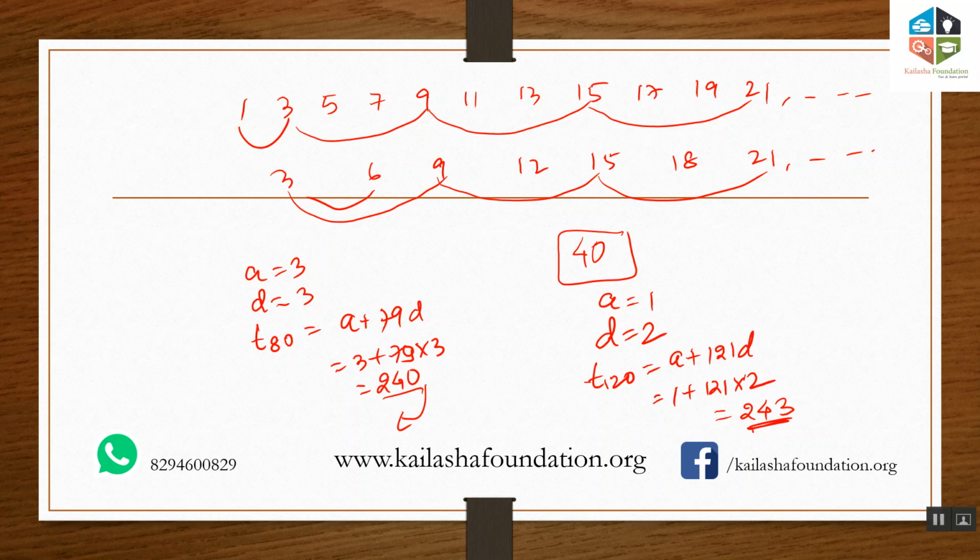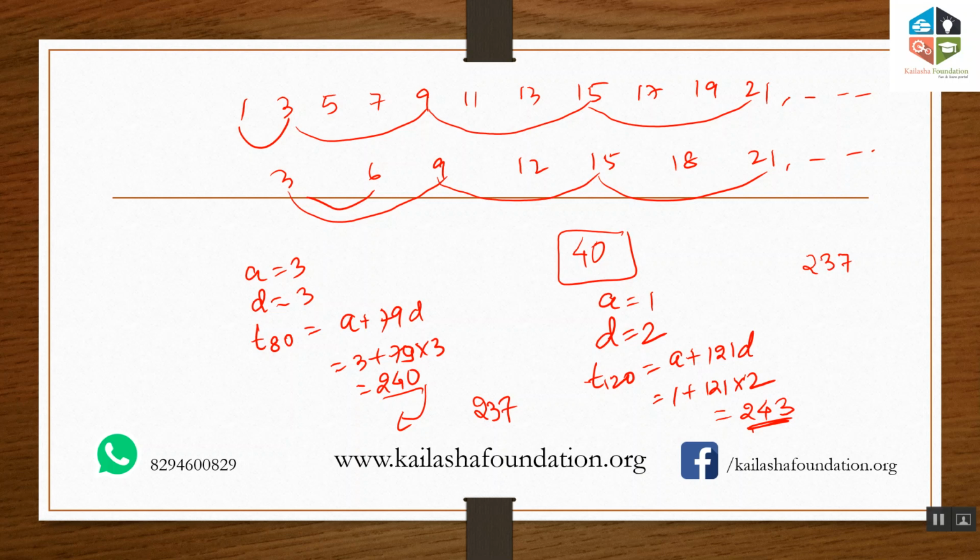Behind 240 and 3, 9, 15, 21, all odd terms. So before 240 we'll have 237, which will be there in both of the sequences.